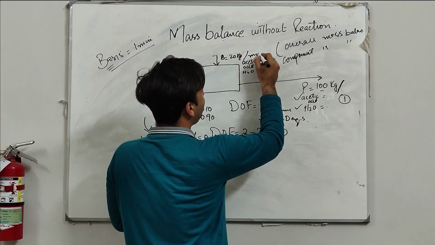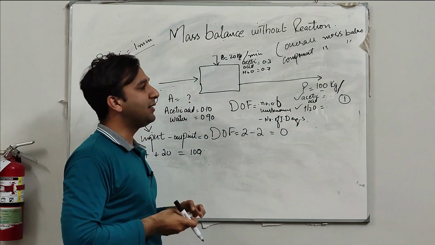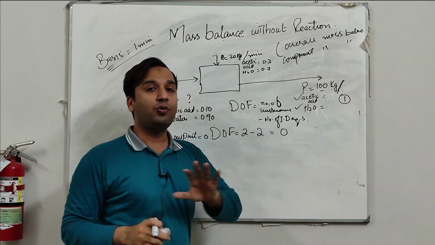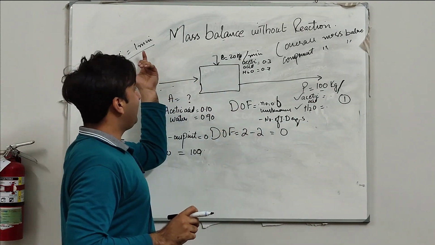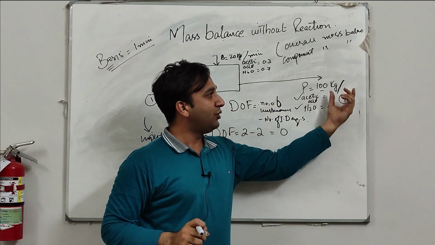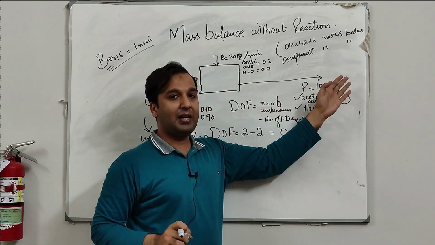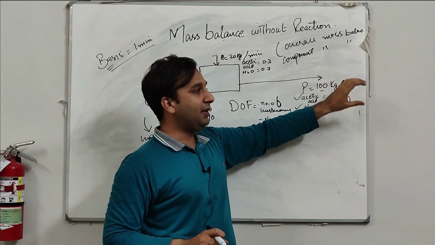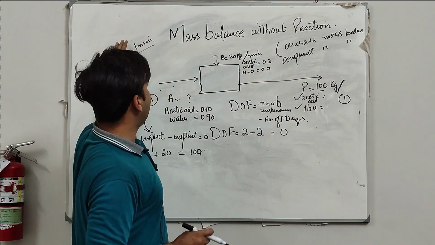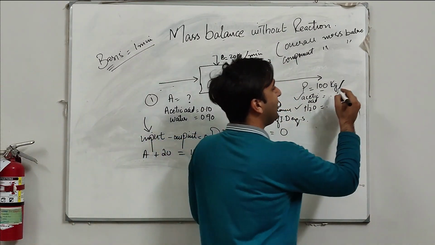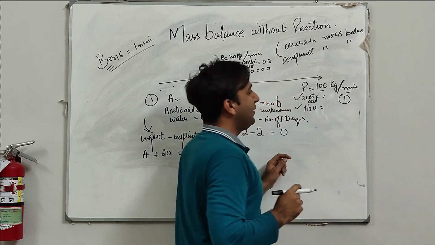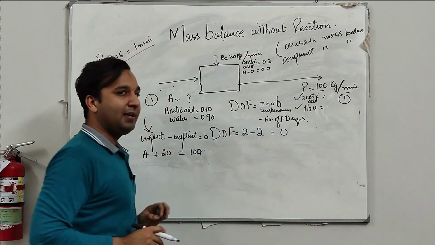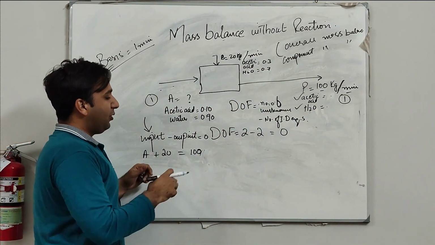You cannot do this if the flow rate here is given as 20 kg per minute and here as 100 kgs per hour. In that case you will not be able to take a basis of 1 minute. You will have to convert these minutes into hours or these hours into minutes. When they are the same, you can take a basis of 1 hour. Here I already had the same minute, so I can take a basis of 1 minute.